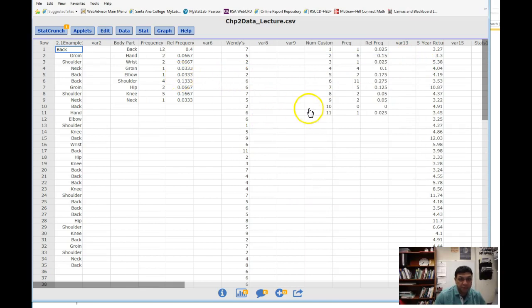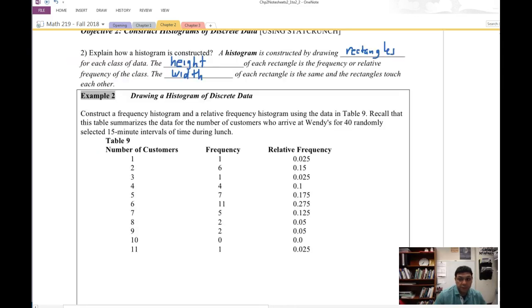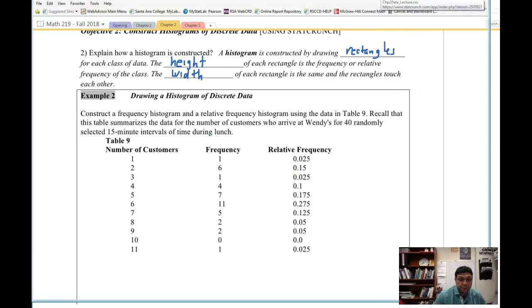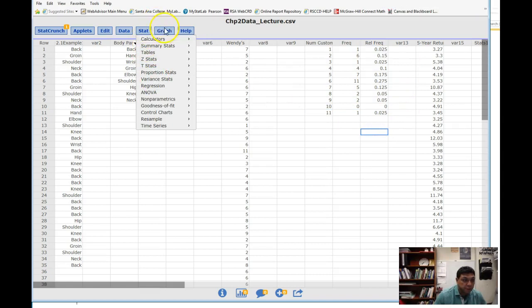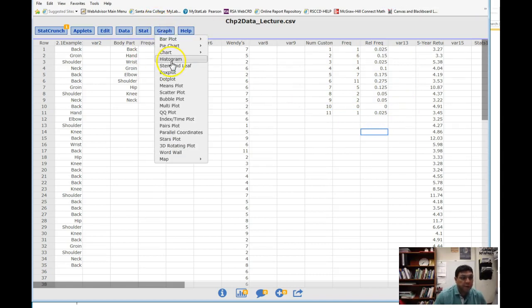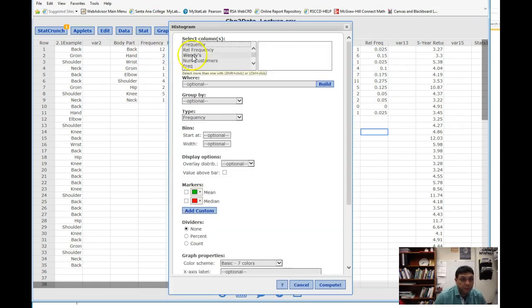Let's see where I have this information. I have it right here, the number of customers, the frequency and relative frequency. Using StatCrunch, we would go to Graph, Histogram.